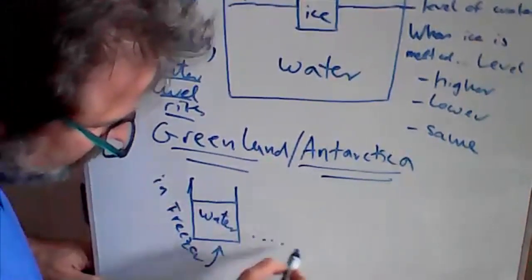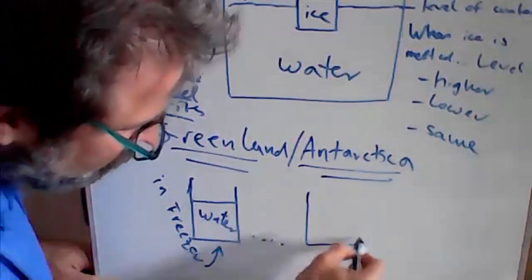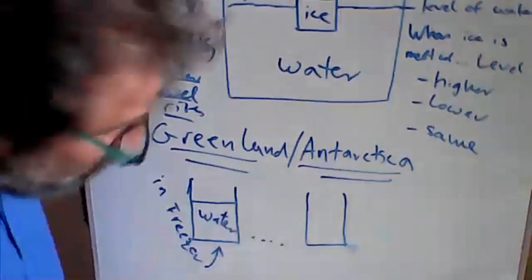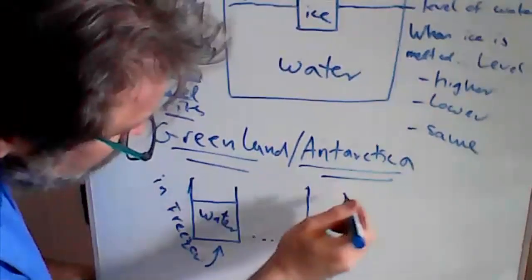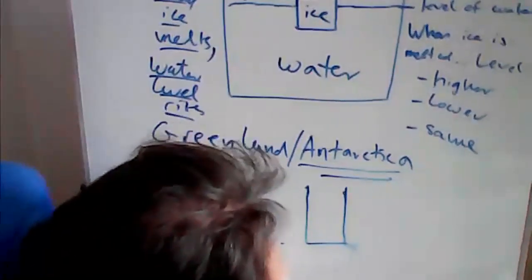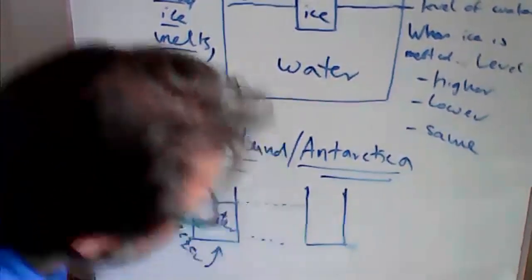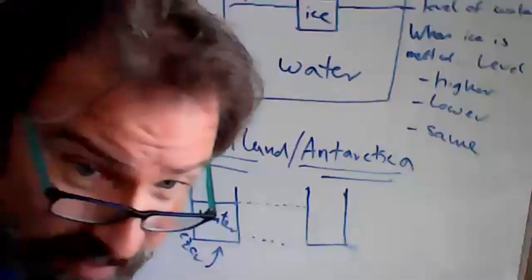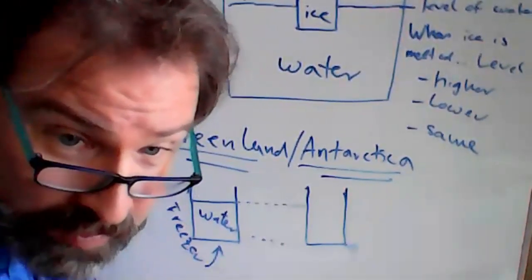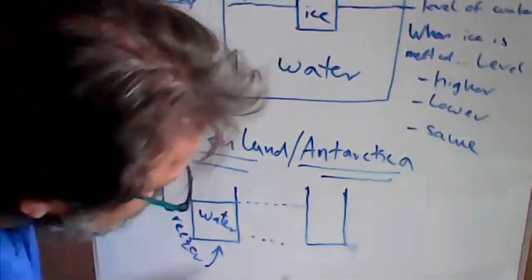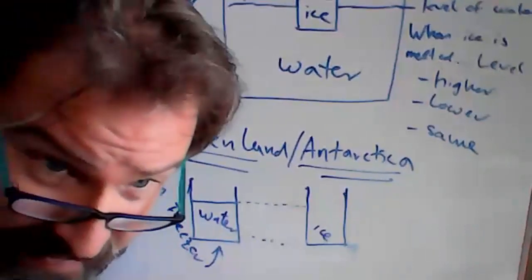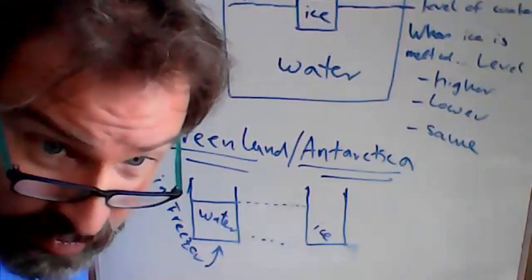Now we're going to look at that glass later when the water has turned into ice. What has happened to the level of the water inside the glass? Has it stayed the same, gone down, or gone up?